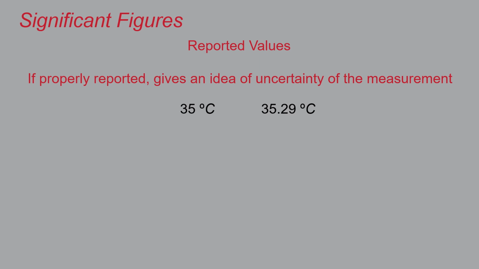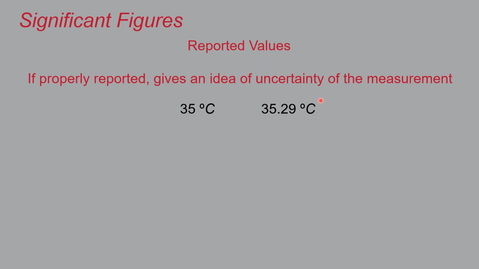So I want to ask you to do this problem in reverse. I'm giving you two temperature readings here, 35 degrees Celsius and 35.29 degrees Celsius. I want you to tell me what graduations these two thermometers had, based on the number of decimal places that are reported. And I will tell you that probably most students had an easier time starting with the second one.